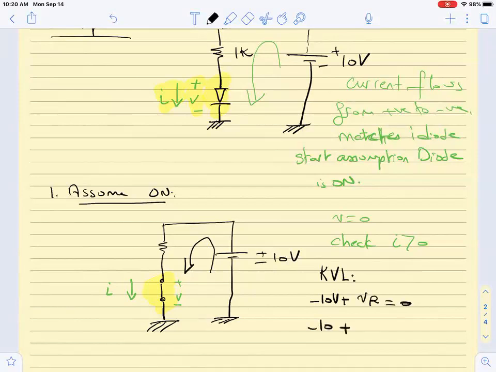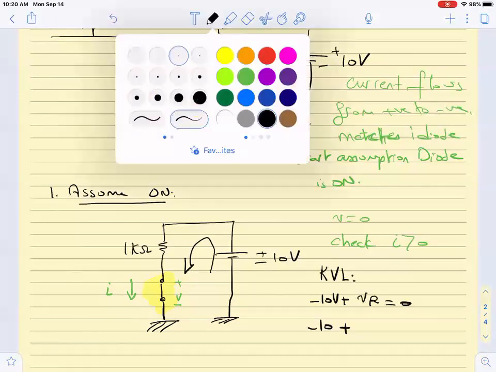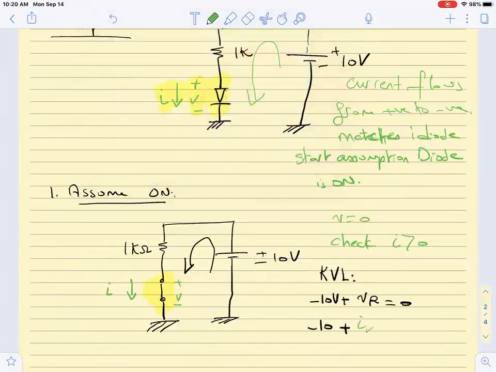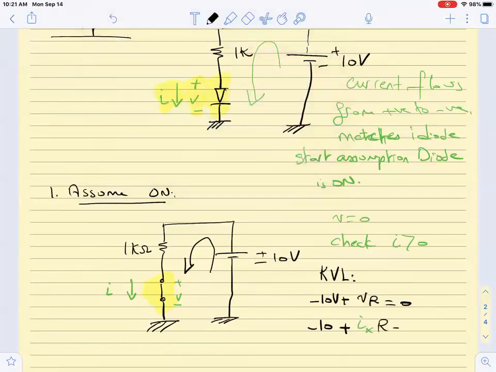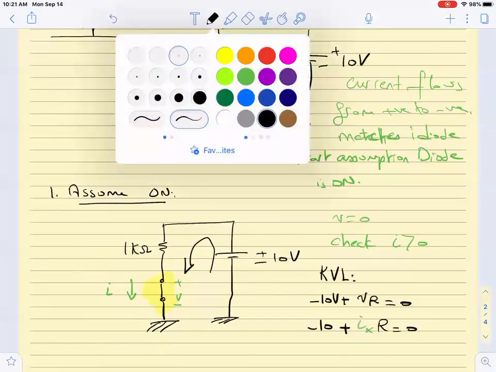So minus 10 volts, but VR is equal to what? I diode, since I am going in the same direction as the current. I diode times R equals 0. So what is I equal to?